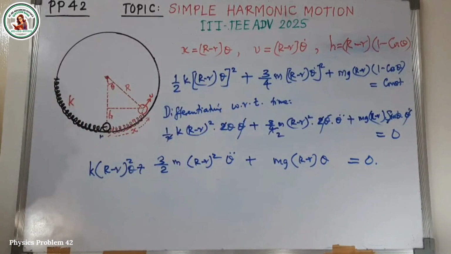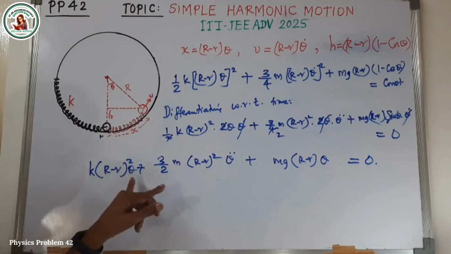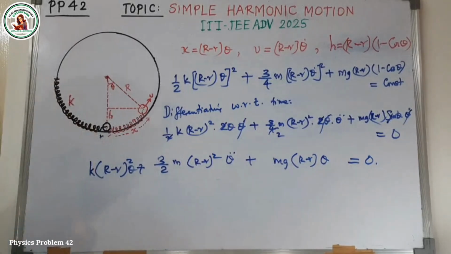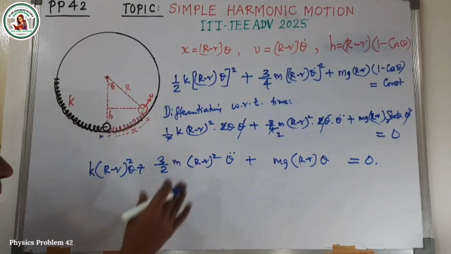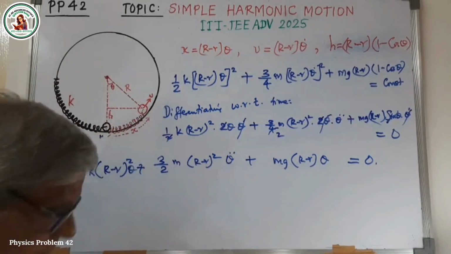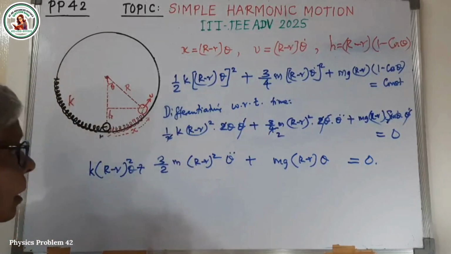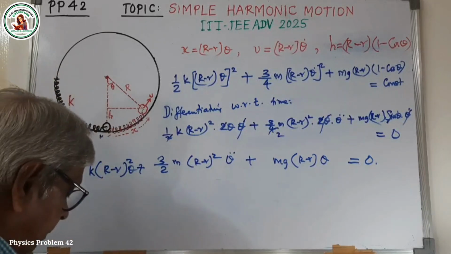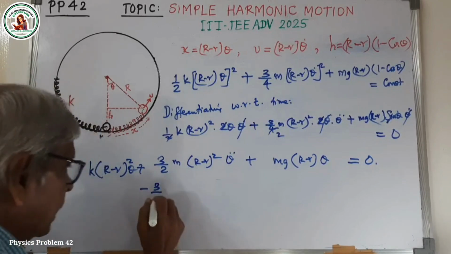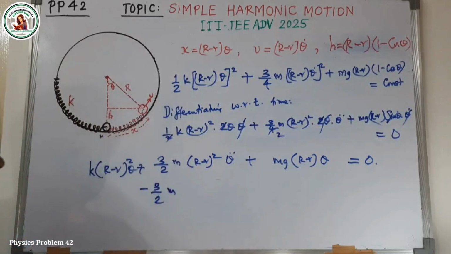So we have 2 types of terms, one involving theta, another involving theta double dot. This is exactly what we want for a simple harmonic motion, and this is the case of angular simple harmonic motion. From this, if you further simplify, you get minus 3 by 2 m (R minus r) square theta double dot equal to [k (R minus r) square plus mg (R minus r)] theta.